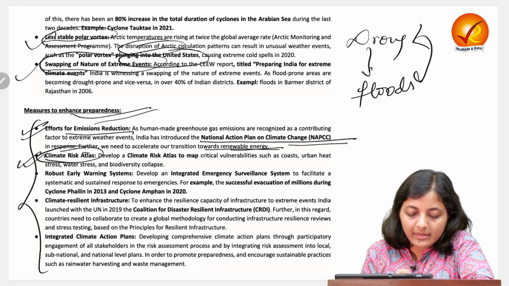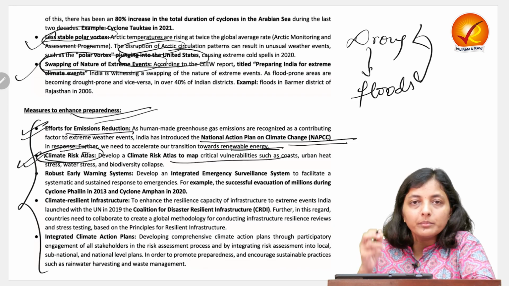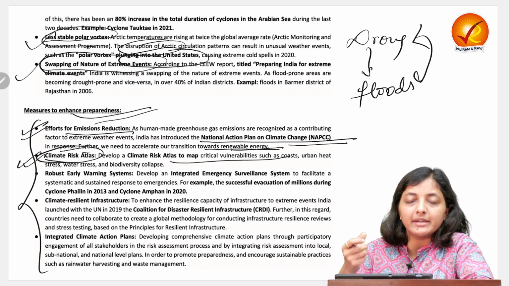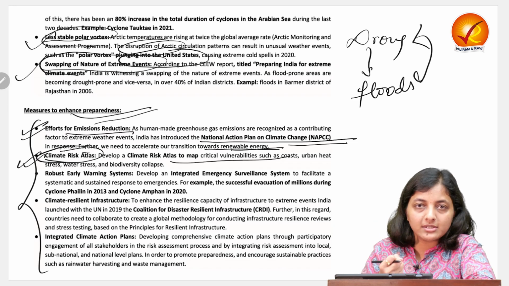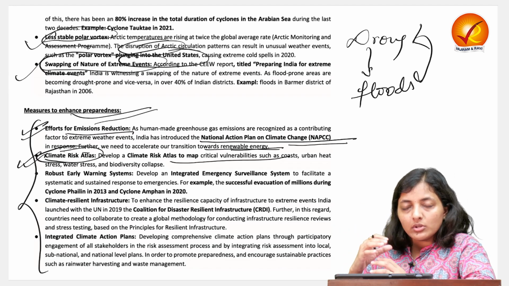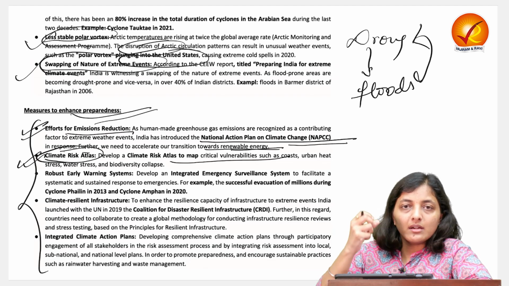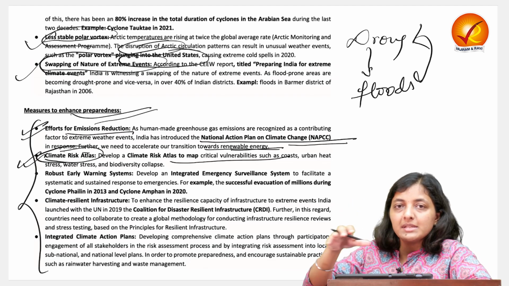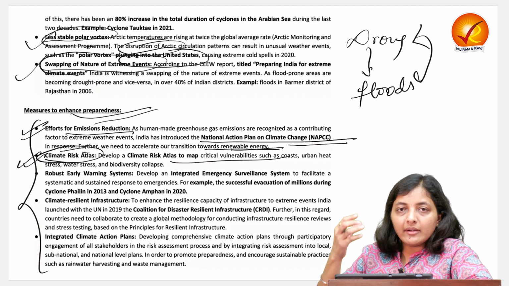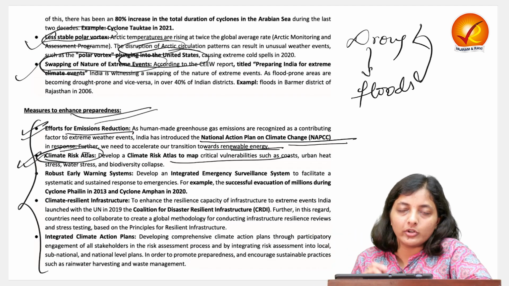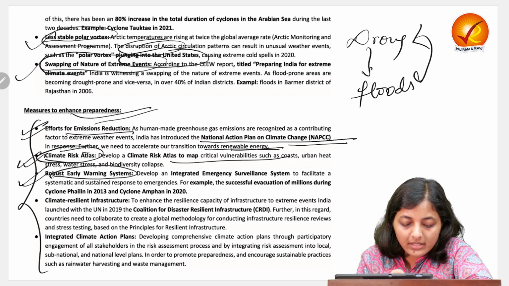Next comes the climate risk atlas. We have to map the critical vulnerabilities with respect to the coasts, urban heat islands, so that we can know the vulnerable situations, vulnerable people, vulnerable society or community there, and we can take proper measures for that. Next is the robust early warning system.